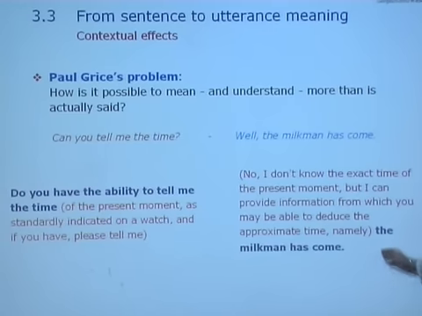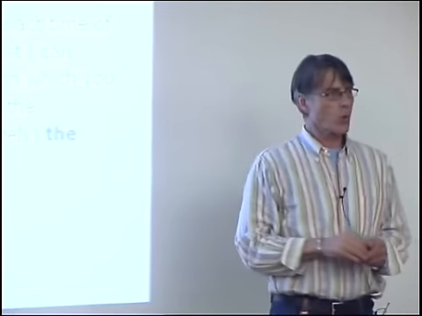And now, of course, you need to know when the milkman usually comes. If you don't know this, then this wouldn't help you. But that is about what is communicated here. Okay? So what is linguistically said and what is communicated is miles apart.